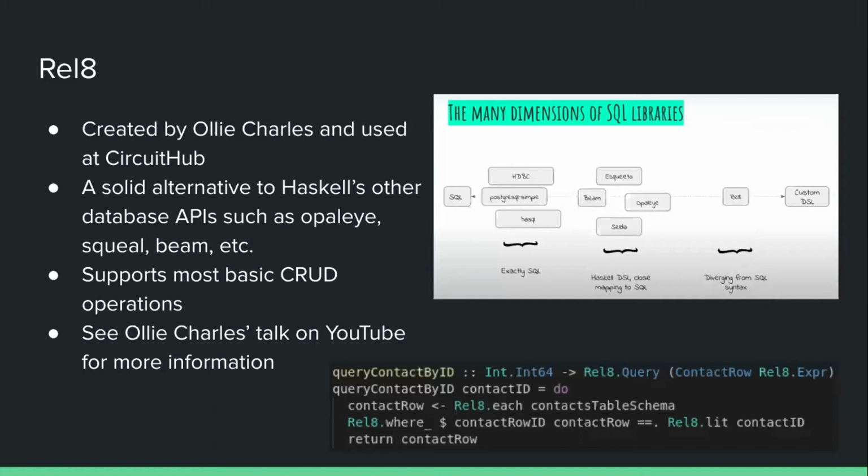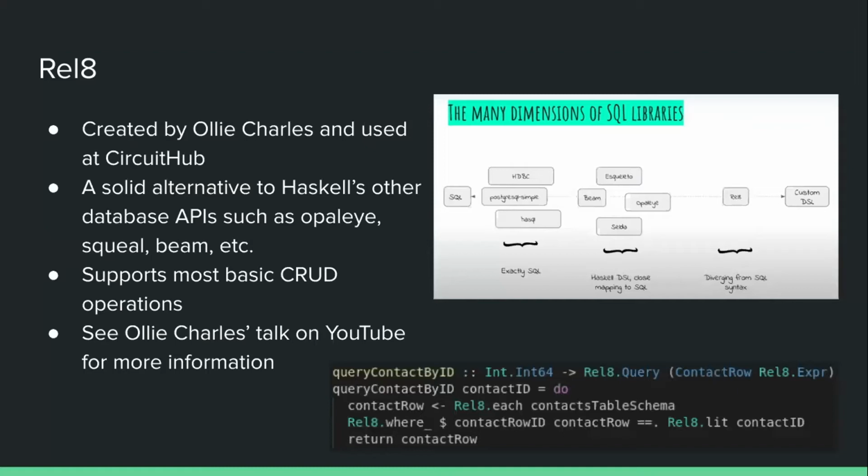And here I have a small example. This is from some code that I'm going to be showcasing later on in the talk. This is a query that we're creating. So imagine you have a table of contacts, and we want to query a contact by ID.